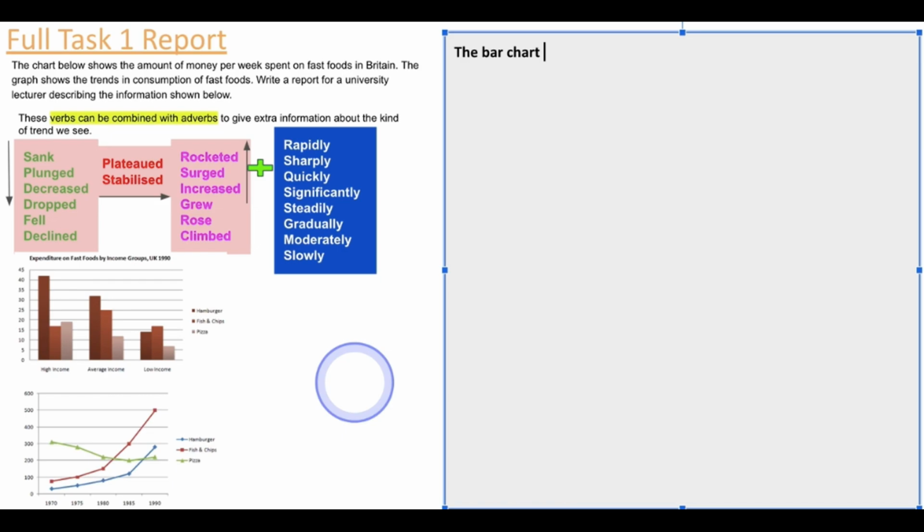The bar chart, maybe pictured, displays the expenditure on convenience foods in the United Kingdom, maybe.